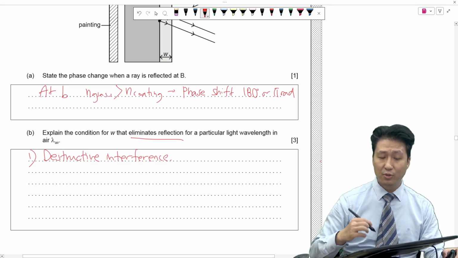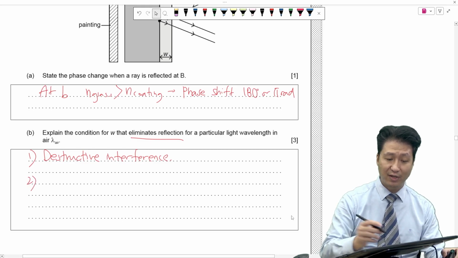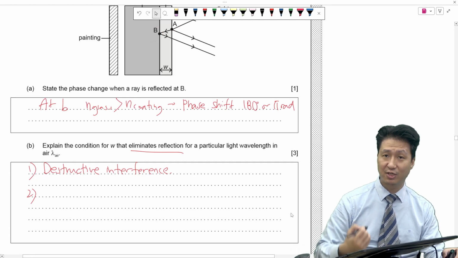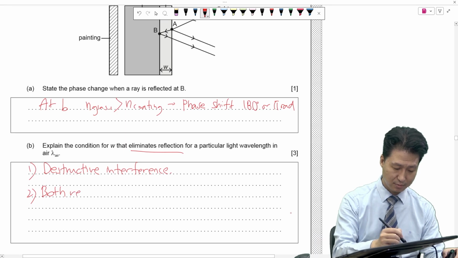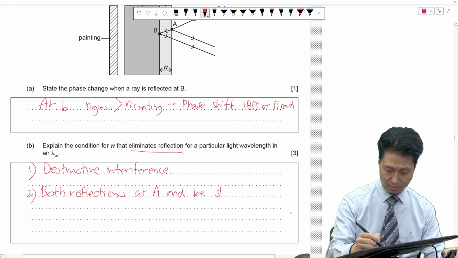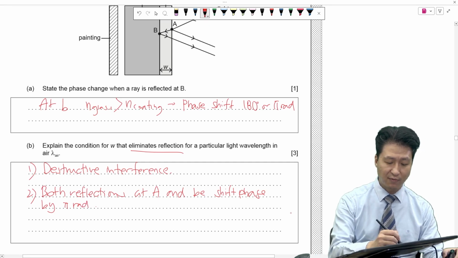Number two, in order to know which equation you should use, you have to determine that both the reflection at A and the reflection at B force a phase shift of pi or 180 degrees, which means you cannot use the equations in the physics booklets as is.